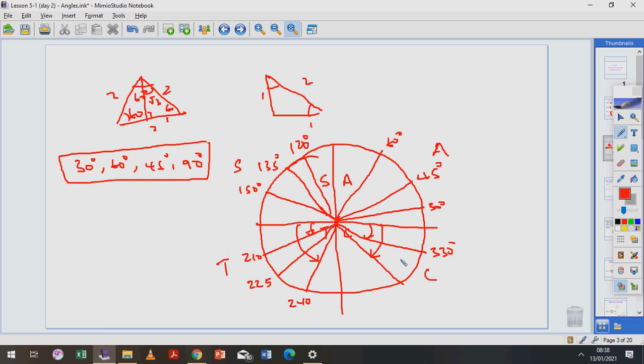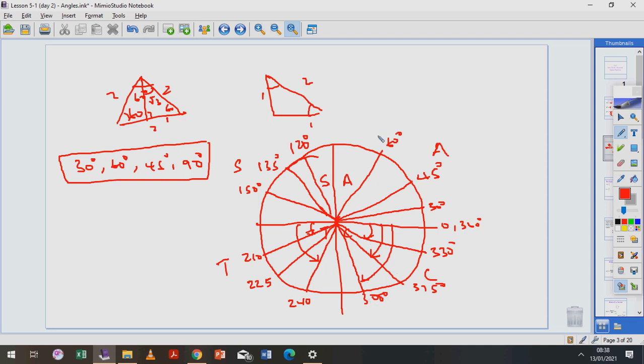So this is the 0 and 360. You have to do it from the x. The coterminal angle to 45 is 315. And the coterminal angle to 60 is 300 degrees.